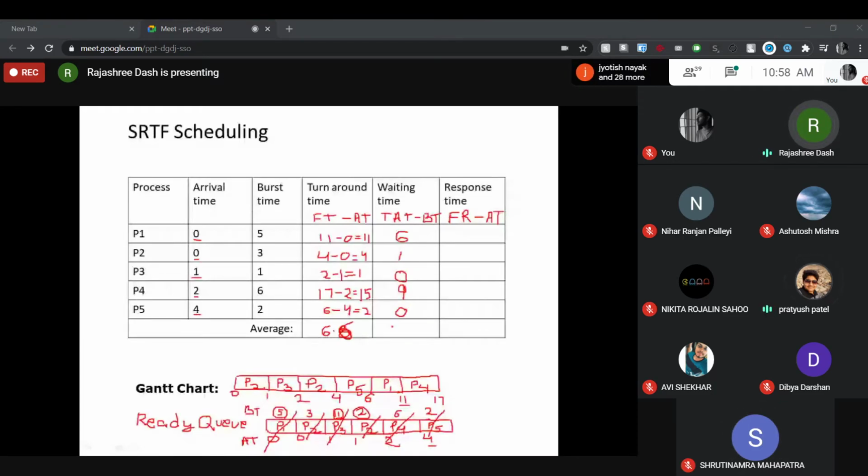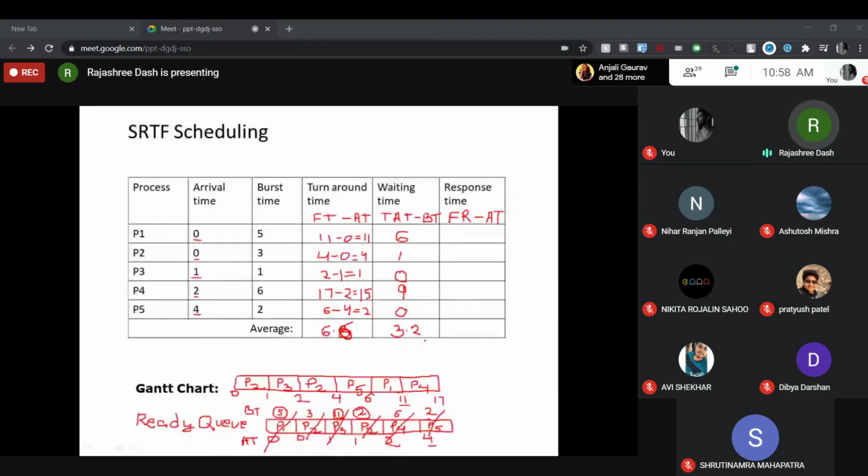One second, calculate. 3.6, ma'am. What was the total? It is 3. No, it is 3.2. I think it was 16 divided by 5, 3.2.